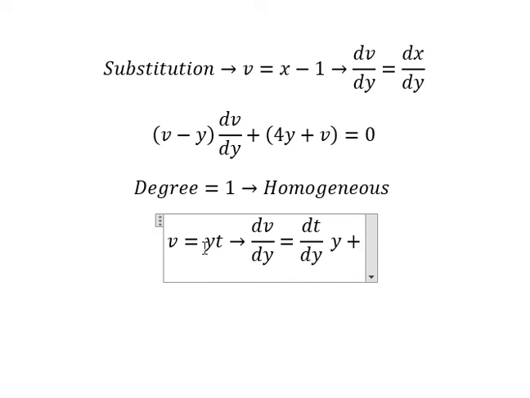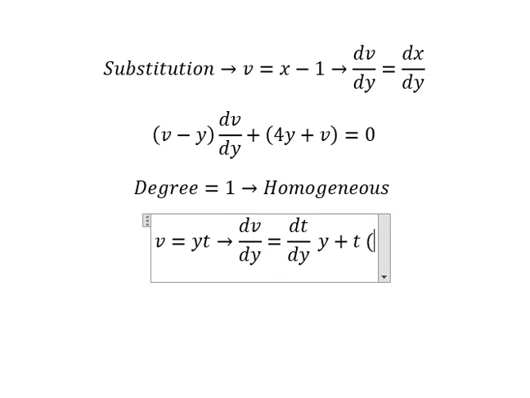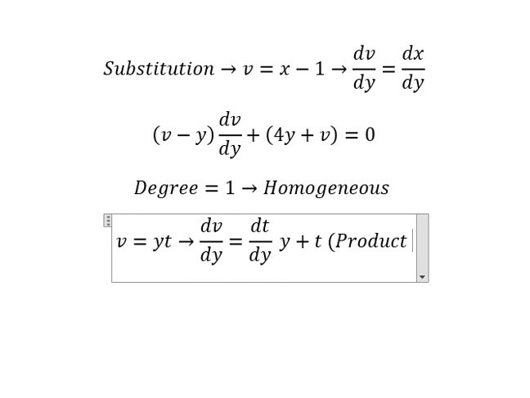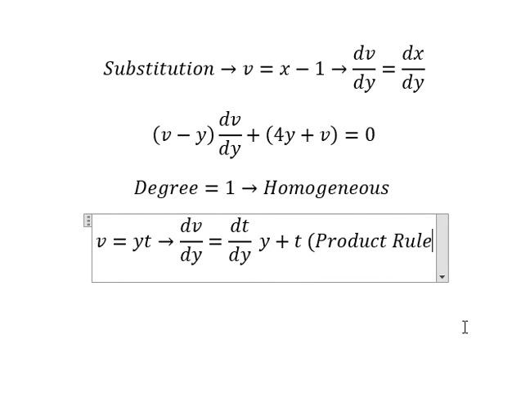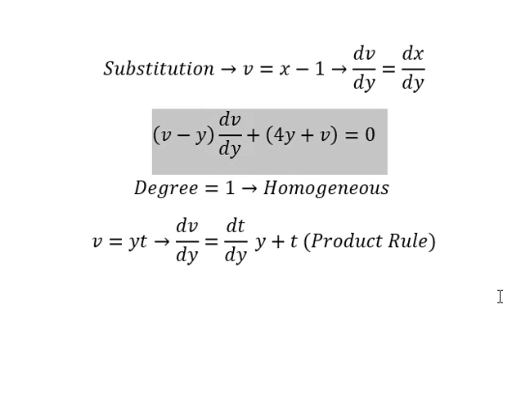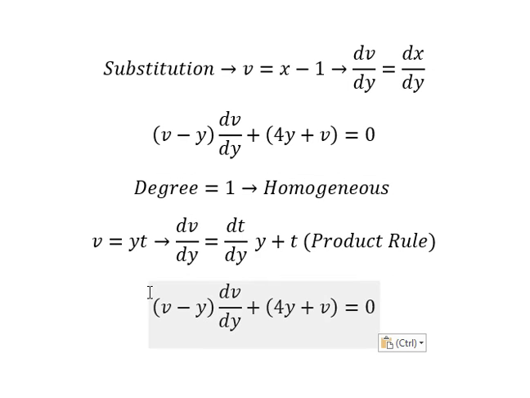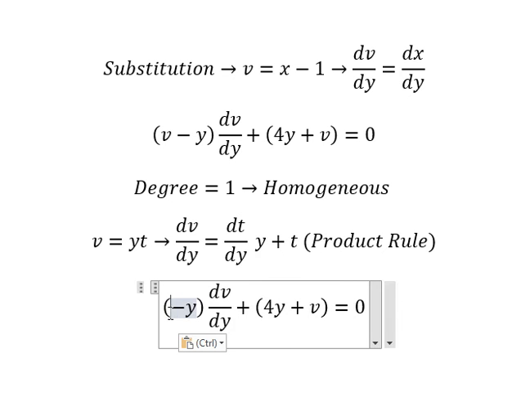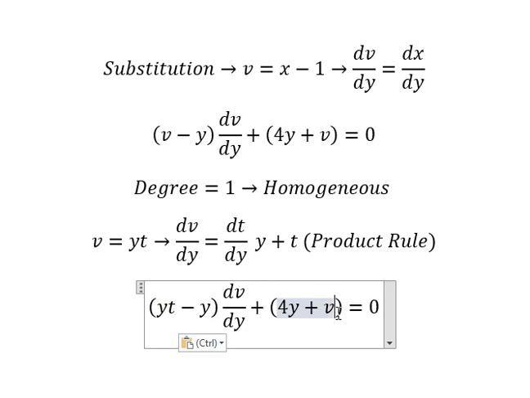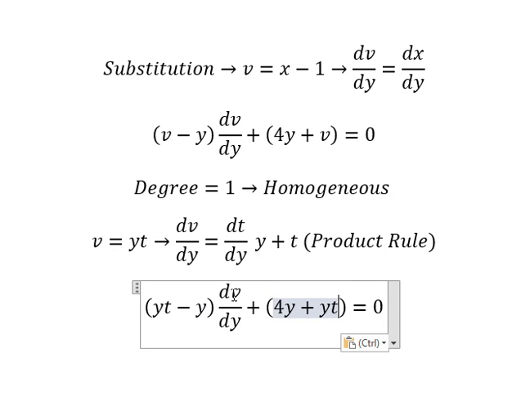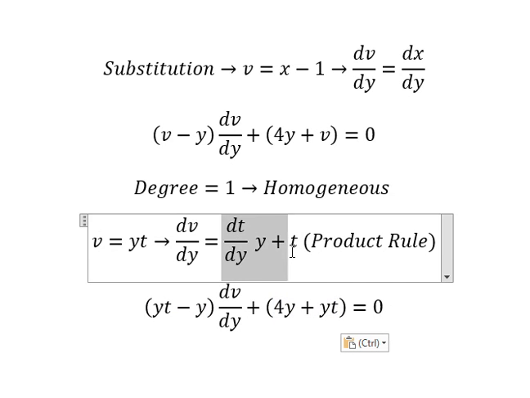First the derivative of y, we have number 1, so we have t. And that is about the product rule of the derivative. So v we change by yt and yt in here. Dv over dy we change by this one.